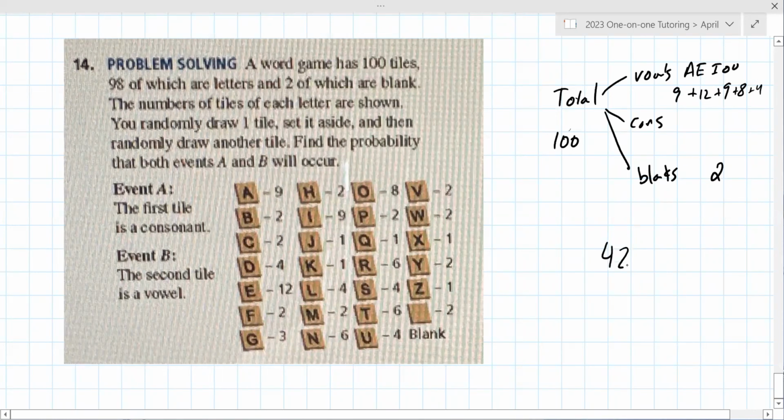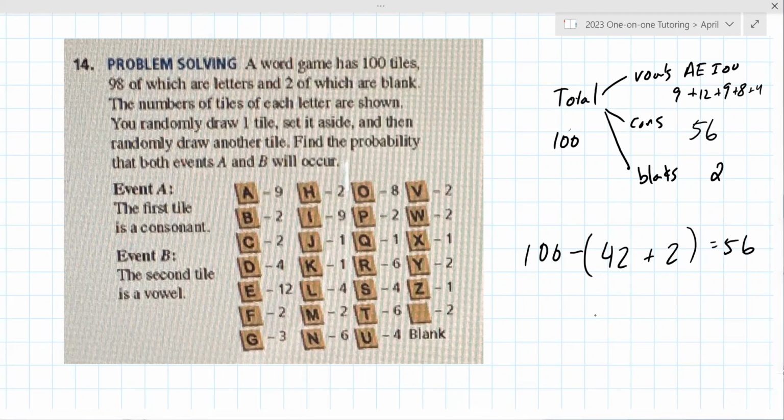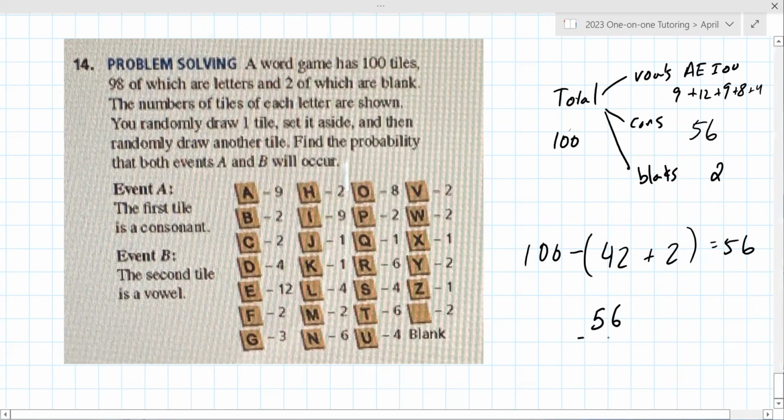So there's 42 vowels, 2 blanks. If we subtract that from 100, we should get 56 for that. Right. So you can go back later and add them up if you want, but that's how we're doing this one. So we want the probability of a consonant first. There's 56 consonants out of 100 total.